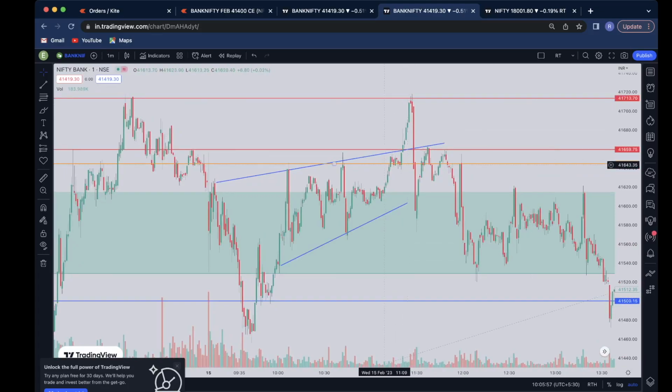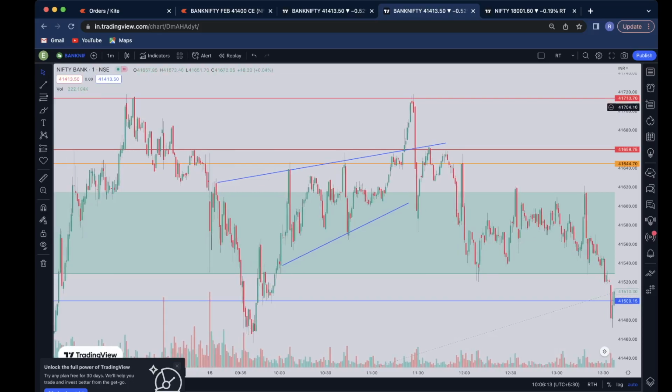So it gives a breakout, and you see continuous green candles. Whoever sold at this position would have easily exited their position, because they have seen a profit up to here.